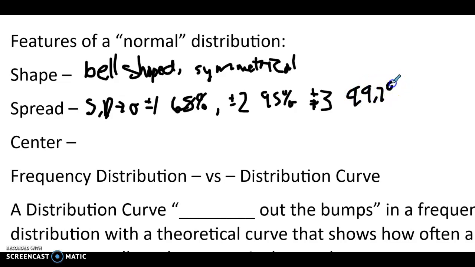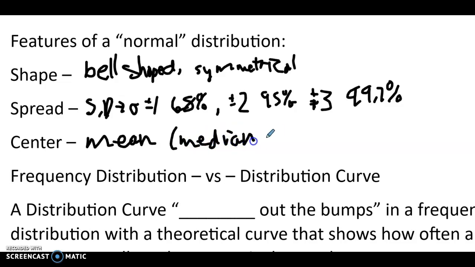So all but about 0.3% of the data lies within 3 standard deviations of the center. The center measurements that we look at is the mean or the average, but then also realize that in a normal distribution, the median and the mode are also related.